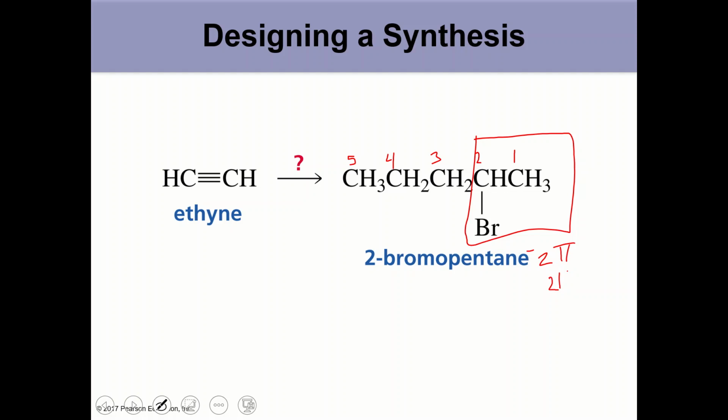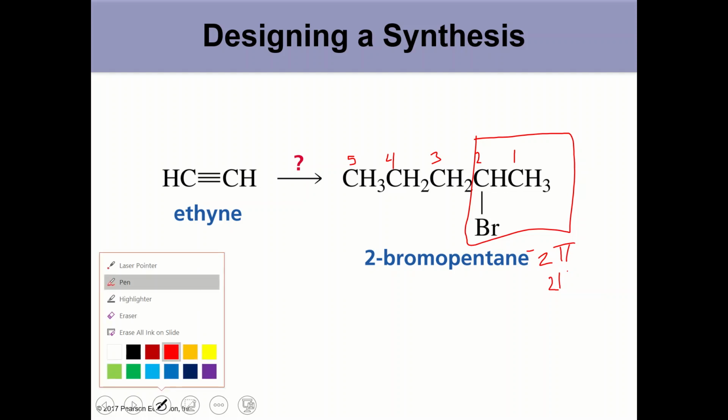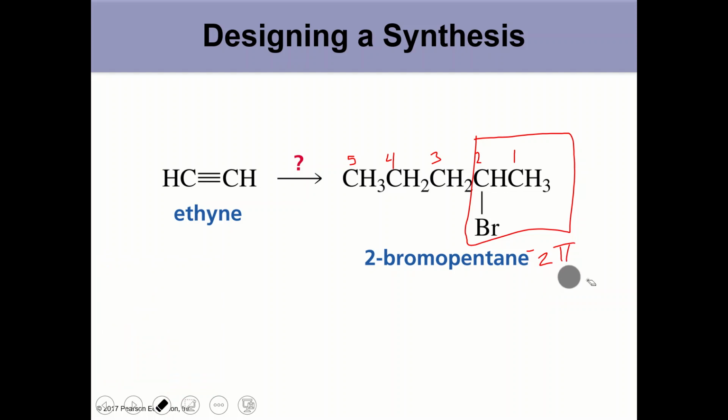Carbon 1 gains 2 bonds to hydrogen, and C2 gains 1 bond to hydrogen, 1 bond to bromine.